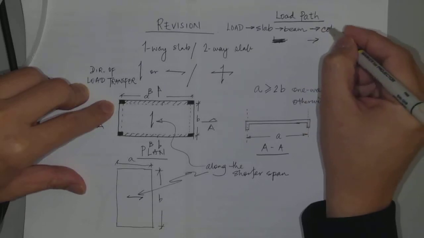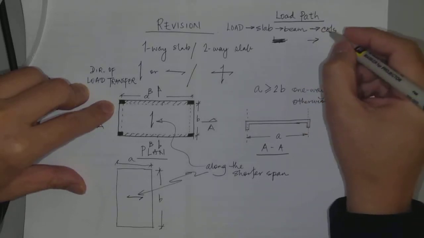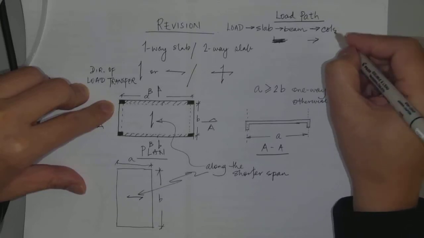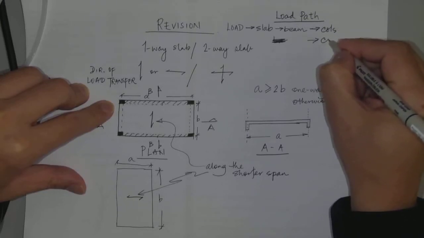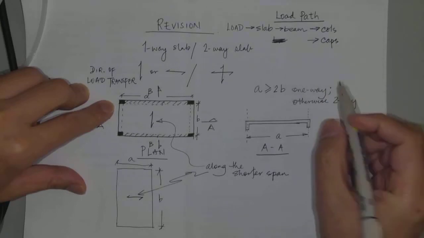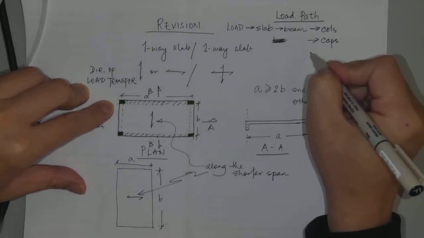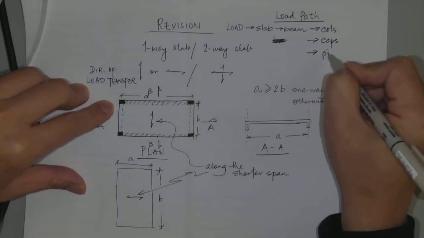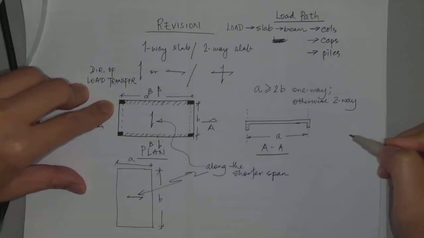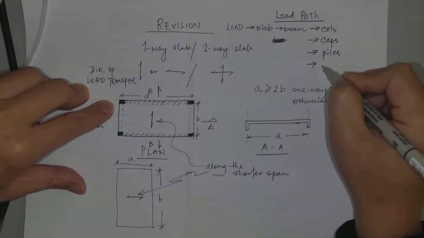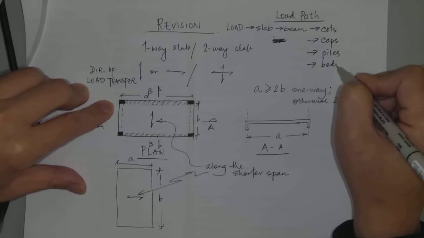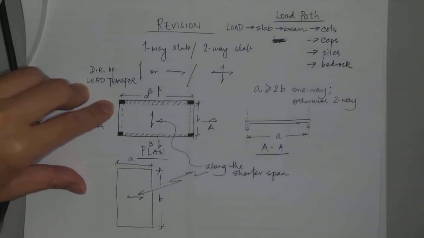The columns will be supported by pile caps, let's say, or rock footing. Or you can say the loading is transferred to the cap and then transferred to the piles underneath, and then down to the bedrock. So that's the complete load path.